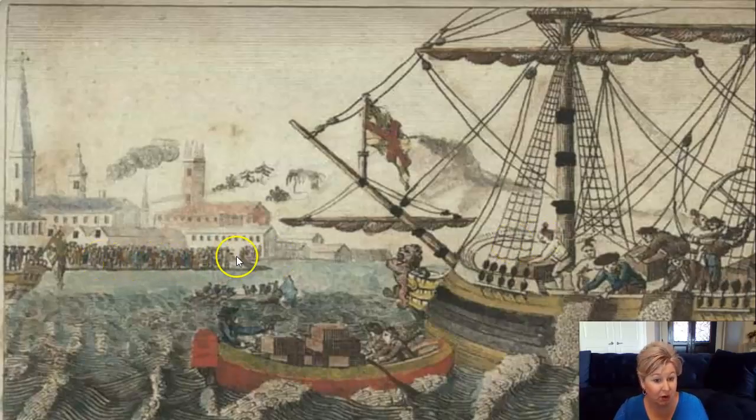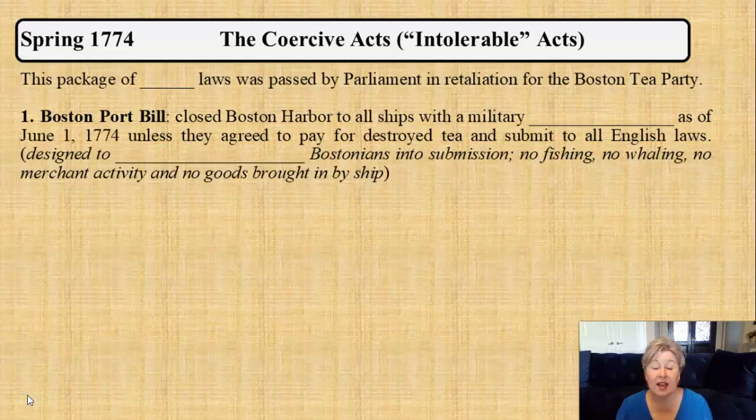And then you see these observers over here on the wharf. So there were hundreds of people that were standing there, observed the whole thing, and testified. It was quiet and orderly. And so that was December of 1773 when the Boston Tea Party took place.